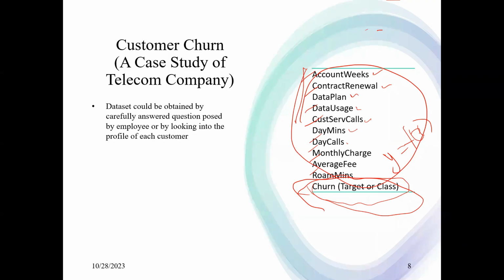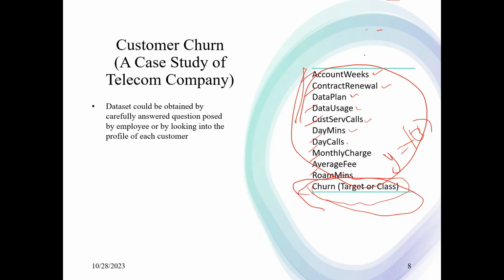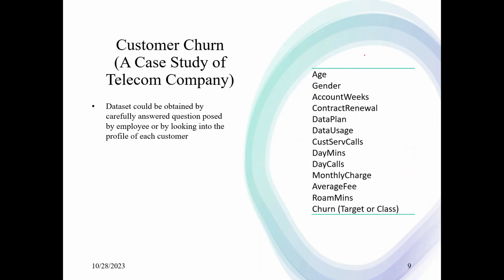This is another example for us. Sometimes I want to even increase the data set. I noticed that in this data they did not include age and gender. Maybe next time I'll ask them, please, I need age and gender of the person. Maybe it will add information that determines who will leave and who will not. I want to increase the number of features.